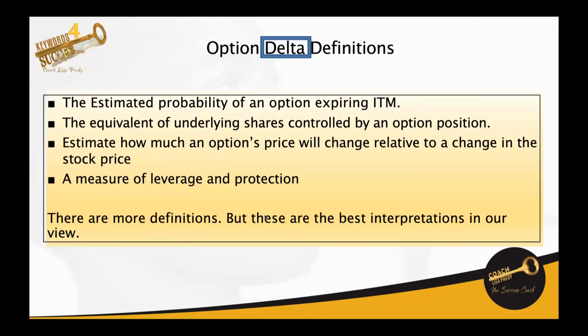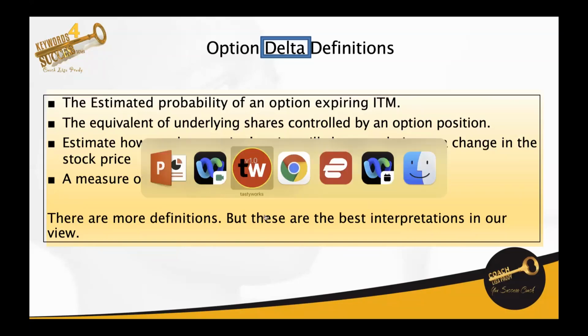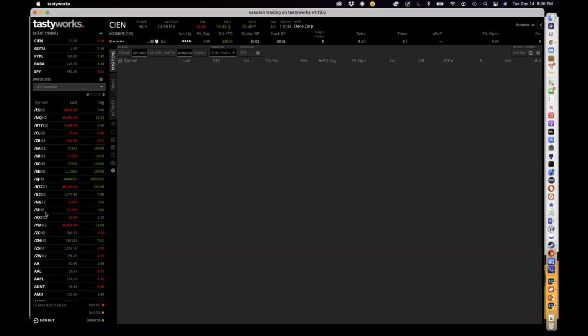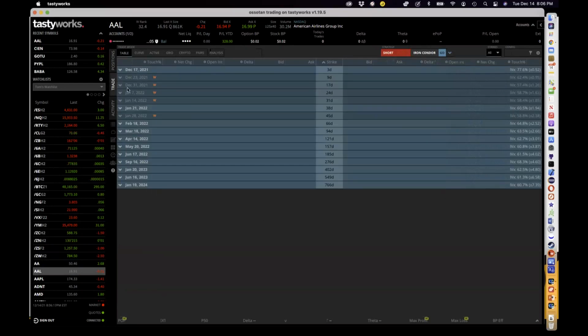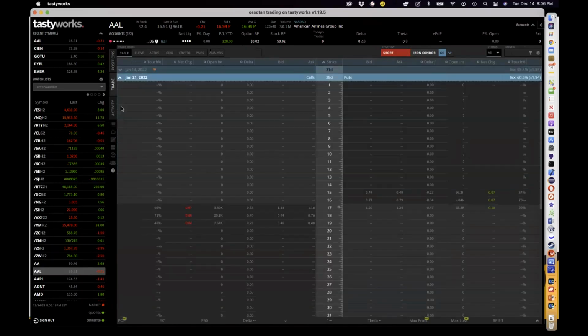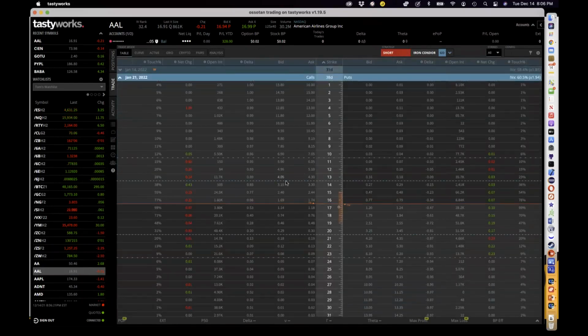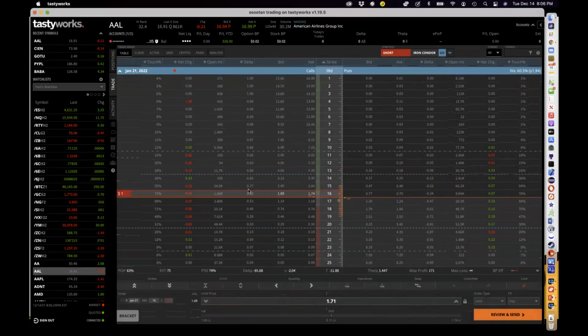So delta tells you, if I go here to my Thinkorswim platform, for instance, and let's say I go to American Airlines and look at this option of January 21, this option has a delta of 0.66.